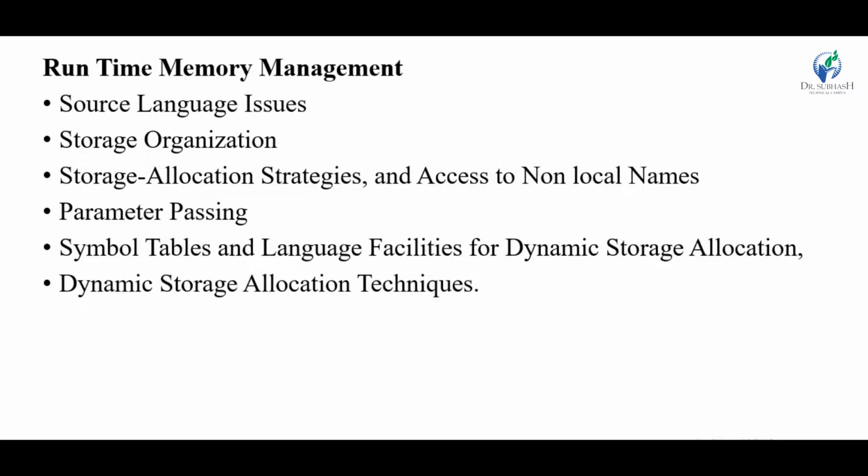In static allocation, layout storage for all data objects at compile time, while in stack allocation manages the runtime storage as a stack, and in heap allocation allocates and deallocates storage as needed at runtime from a data area known as heap.